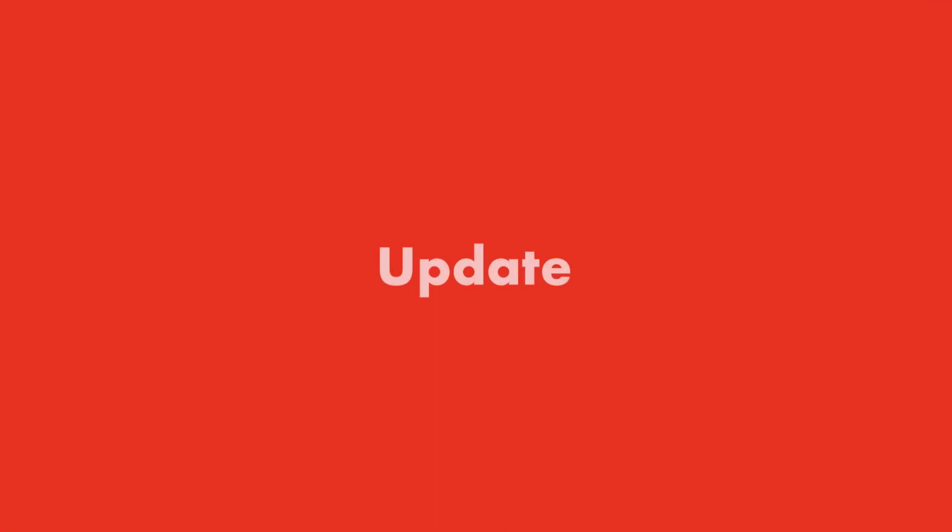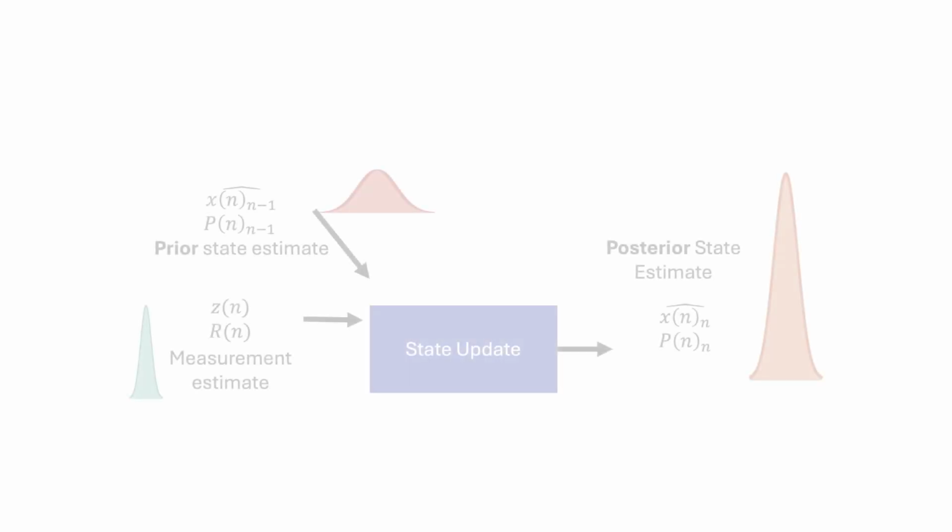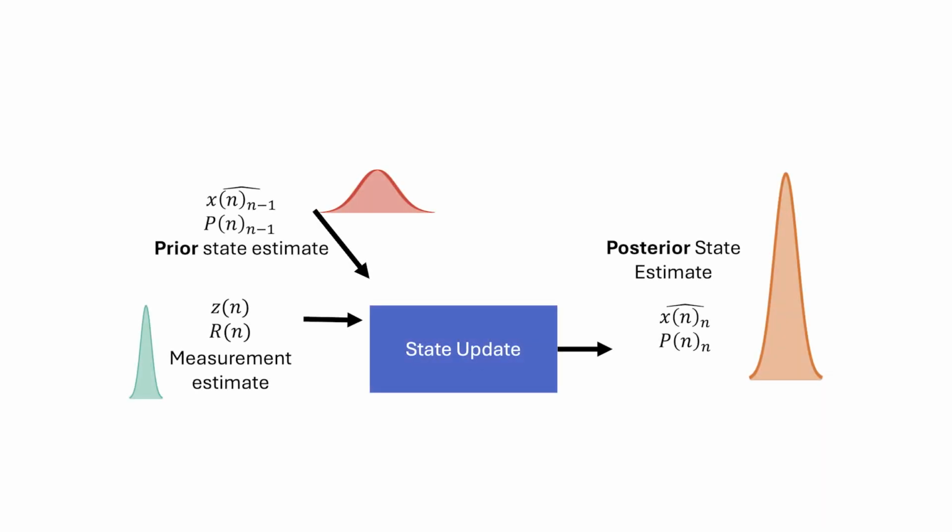Once we have these measurements, we can merge them with our state estimate variables. So it's in the state update step, and what we will be doing is we have a prior state estimate and the associated uncertainty. It's like a normal distribution, and we have the measurement estimate that has uncertainty to it, and it's also another normal distribution.